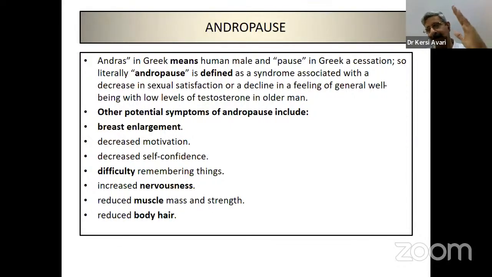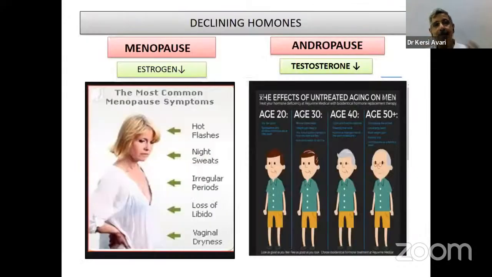You climbed up, peak, puberty, 35 to 40, 45, and now you are going downhill. Now, in a female, menopause, estrogen deprivation, the symptoms. Andropause, testosterone deprivation. At the same time, the androgenicity will start dropping down. The estrogenicity will start dropping down.